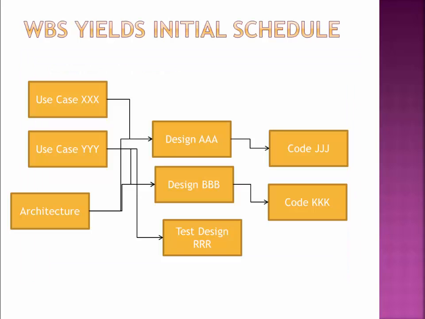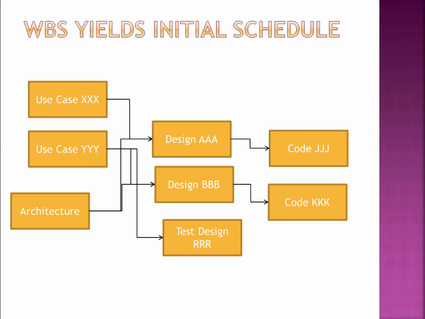Now, the work breakdown structure, as you build it, yields for you the initial schedule. We will not ever really get to scheduling in this class, so you don't have to worry about this. But the idea is you can see here that there are different tasks that have different dependencies, and they come at different times. At this point, I'm not even worried about timeline. I'm just looking at which things must come before which things.